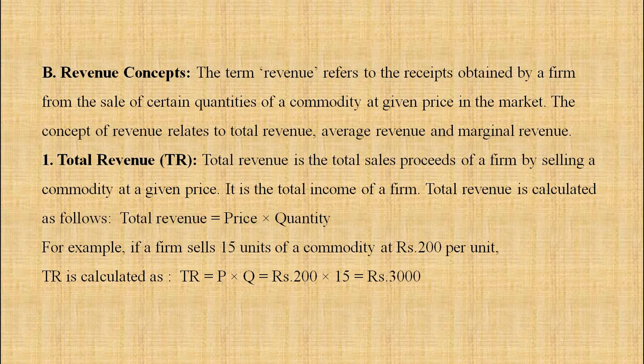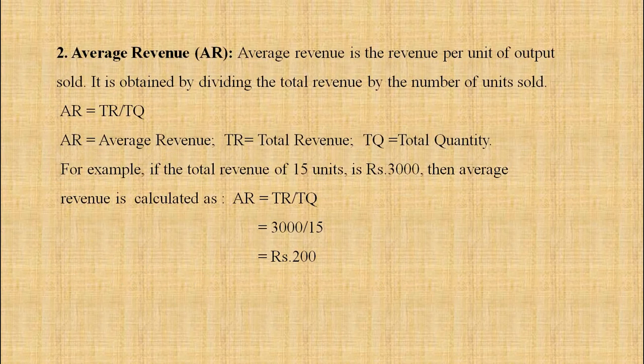Total revenue is calculated as total revenue is equal to price into quantity. For example, if the firm sells 15 units of commodity at rupees 200, then it is 200 into 15, 3000. So total revenue is rupees 3000. What is average revenue? Average revenue is the revenue per unit of output sold. It is obtained by dividing the total revenue by the number of units sold.